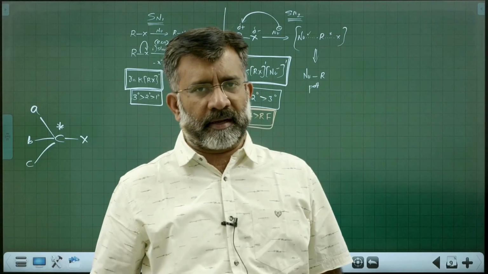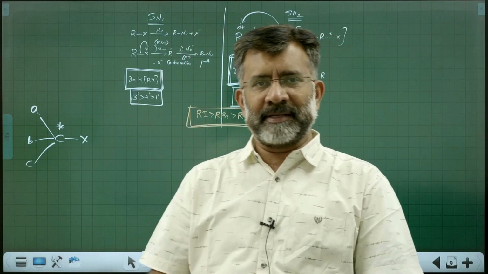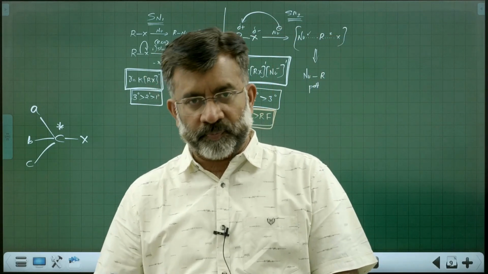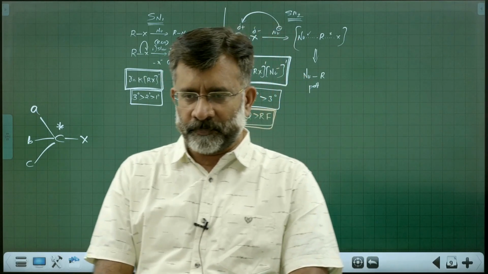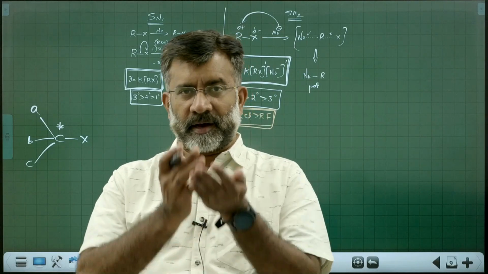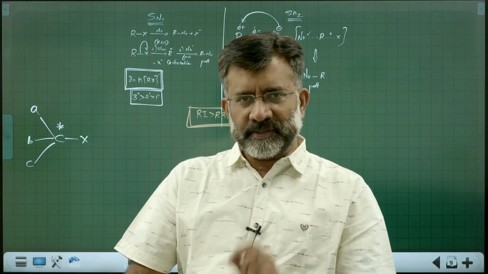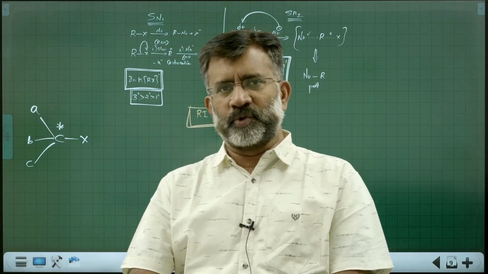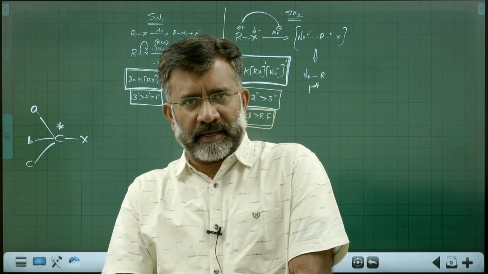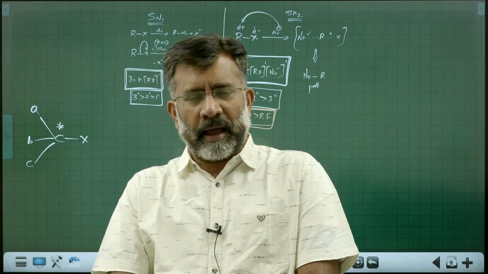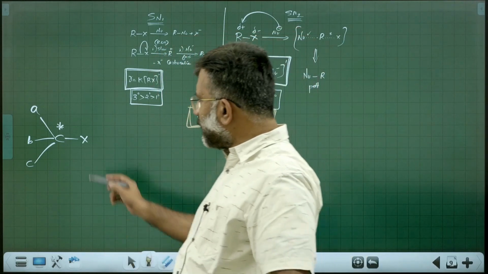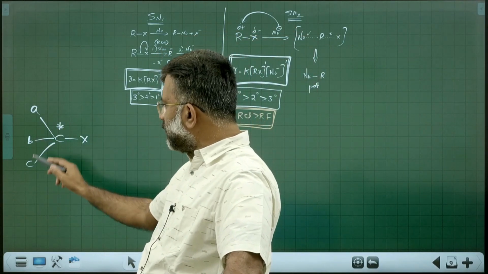What is meant by chiral carbon? As a simple general condition, we assume chirality in a carbon center means a tetrahedral carbon connected to 4 different atoms or groups: A, B, C, X.